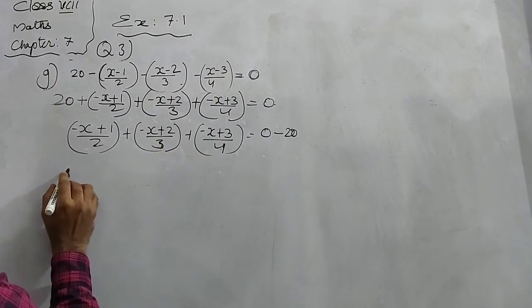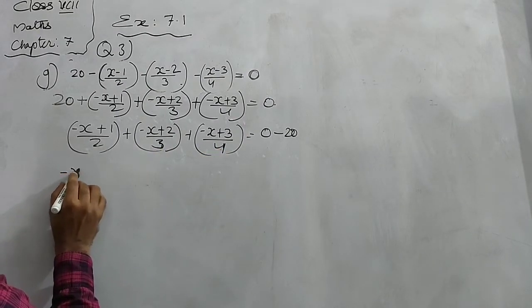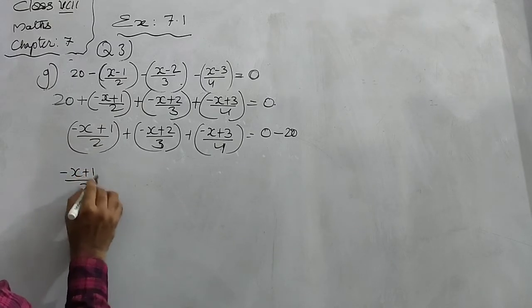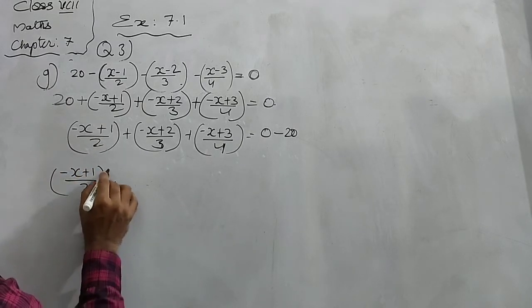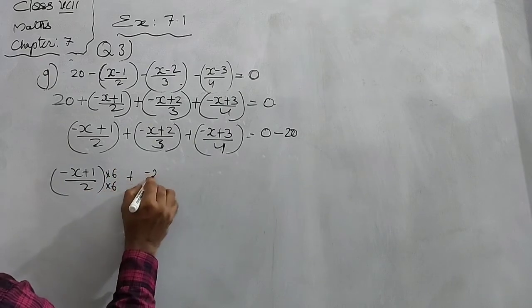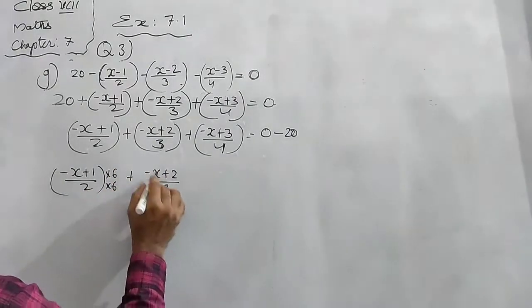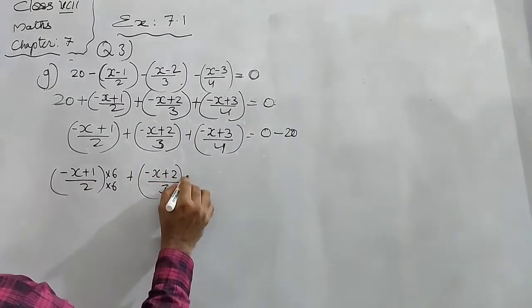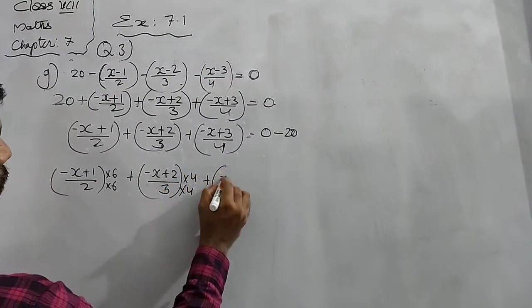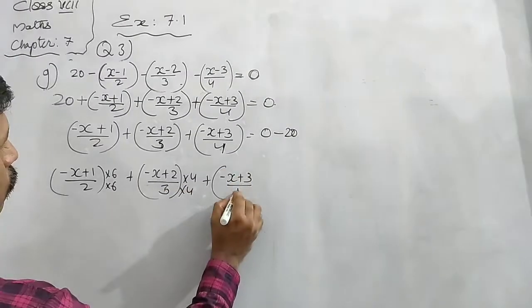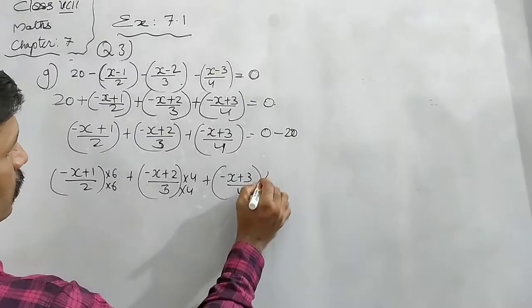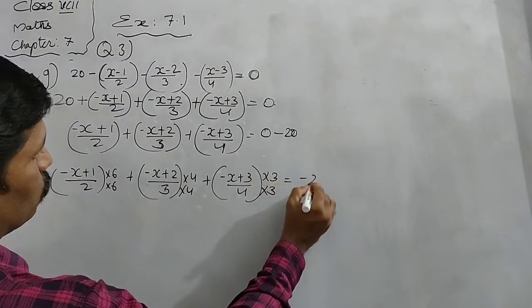So we multiply this first number, negative x plus 1 upon 2, by 6 in the numerator and denominator, plus negative x plus 2 upon 3, here we multiply by 4, and plus negative x plus 3 upon 4, here we multiply by 3 in order to get 12, is equal to negative 20.